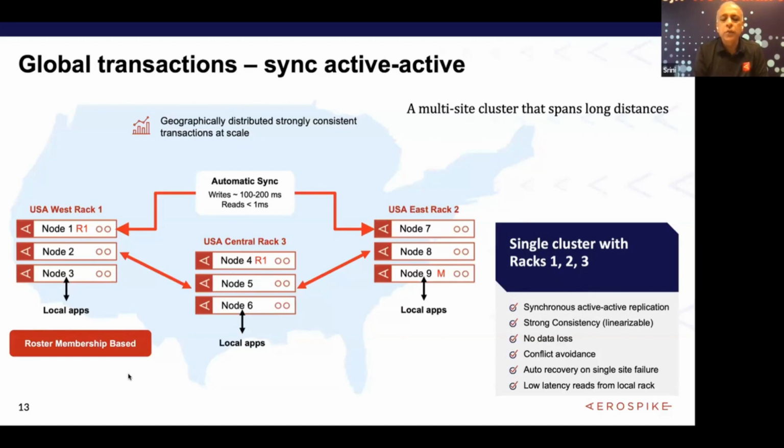And if an entire rack goes away, or is either in a split brain mode or down for maintenance, the other 2 racks can continue to run with both availability and strong consistency. There are no conflicts in the system because they're completely avoided, given the write all, read one strategy. When a node goes out, with no operator intervention, the system continues.